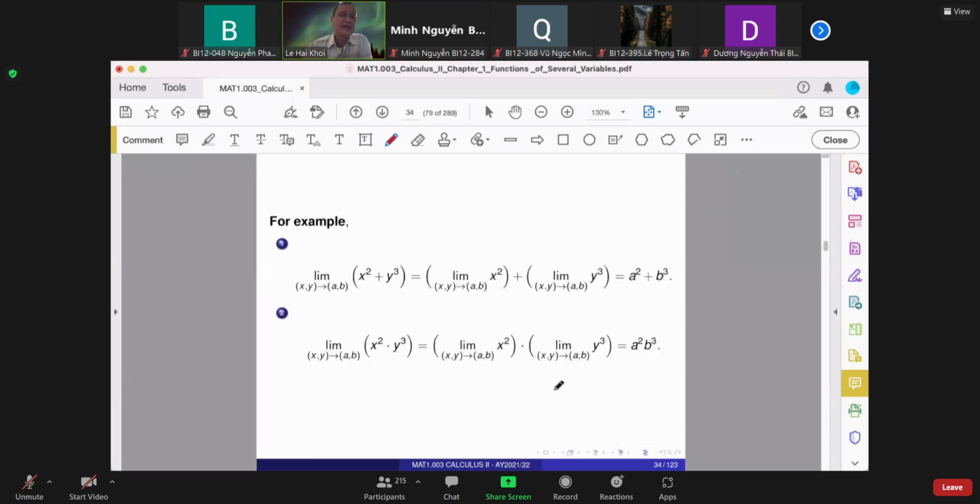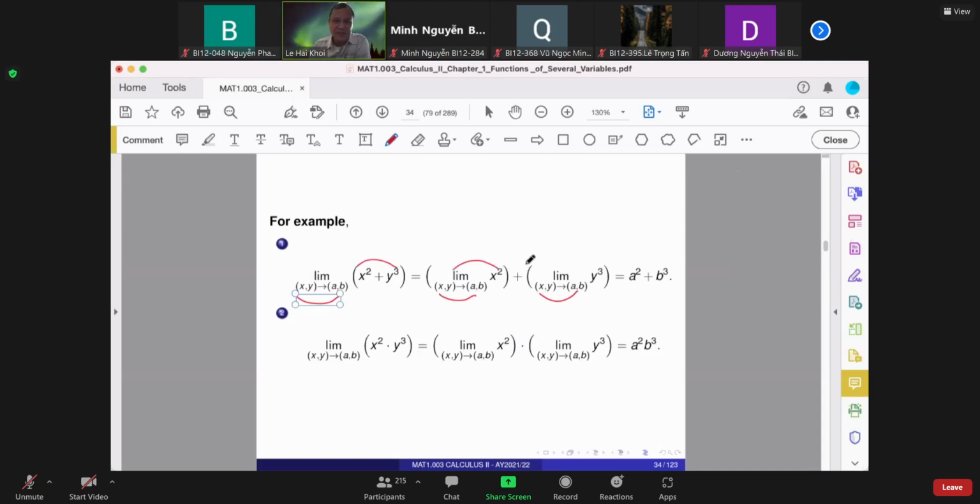Okay, an example here, very easy to apply. First, remember you should have the limit of a point x, y as it tends to, or approaches, a fixed point a, b. And here you have the sum.